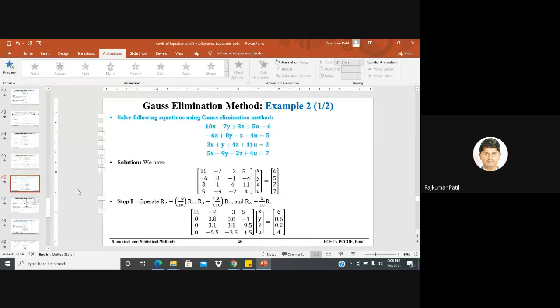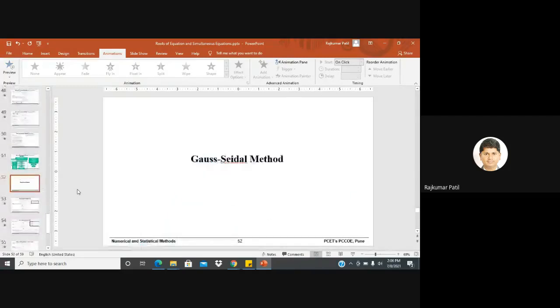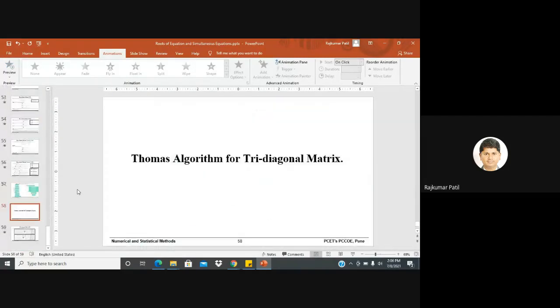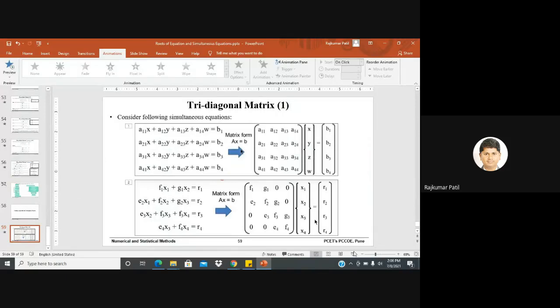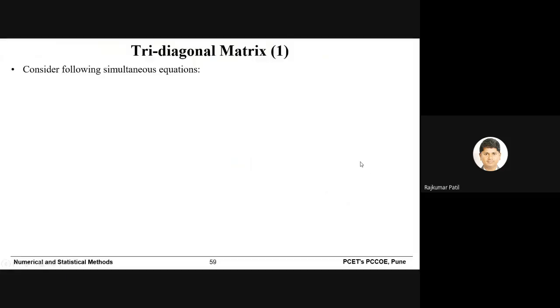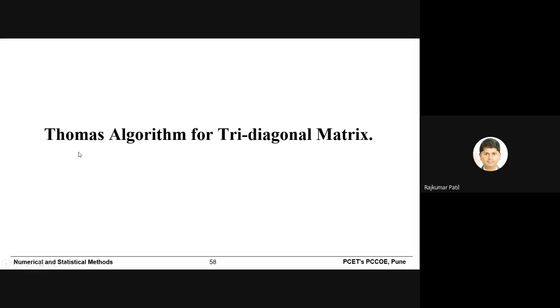The same process we will use to solve a problem related to a tridiagonal matrix. The name of the method is the Thomas algorithm for tridiagonal matrices.